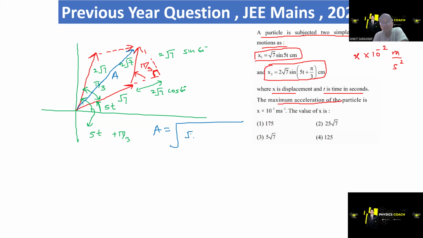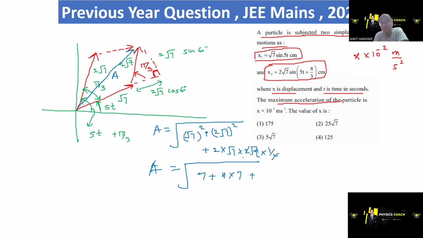So A is under root 7 squared plus (2 root 7) squared plus 2 into root 7 into 2 root 7 cos 60. Cos 60 is half. So it will be 7 plus 28 plus 14, which is 49, so 7 centimeter. So the amplitude comes out to be 7 centimeter. Understood?